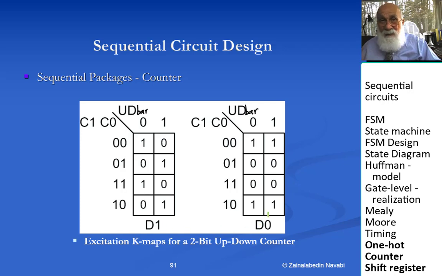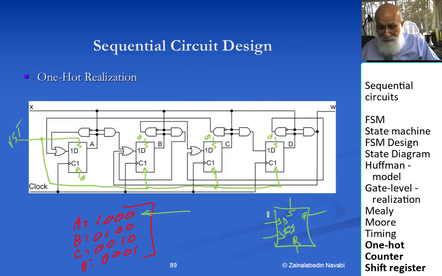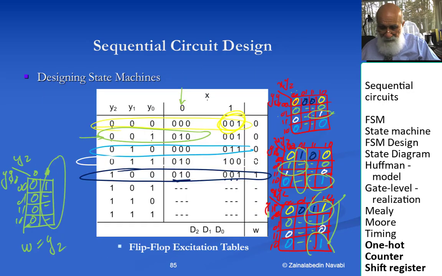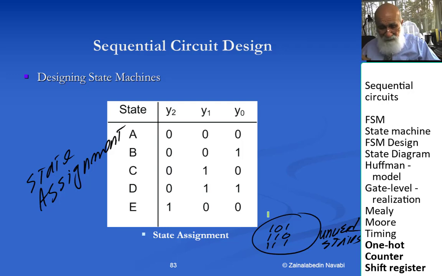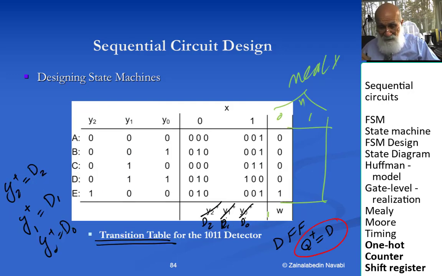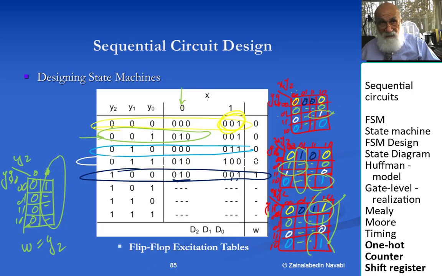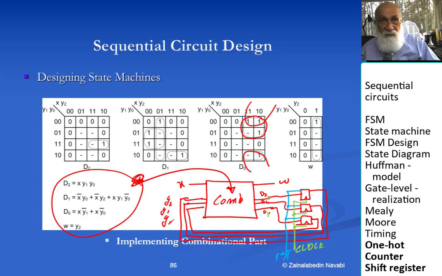I have skipped the state table, the transition table, the excitation table that I did before. Remember we did this? We started with the state diagram, then the state table, then the state assignment, then the transition table, then deciding the D flip-flop, the excitation table, and finally Karnaugh maps.